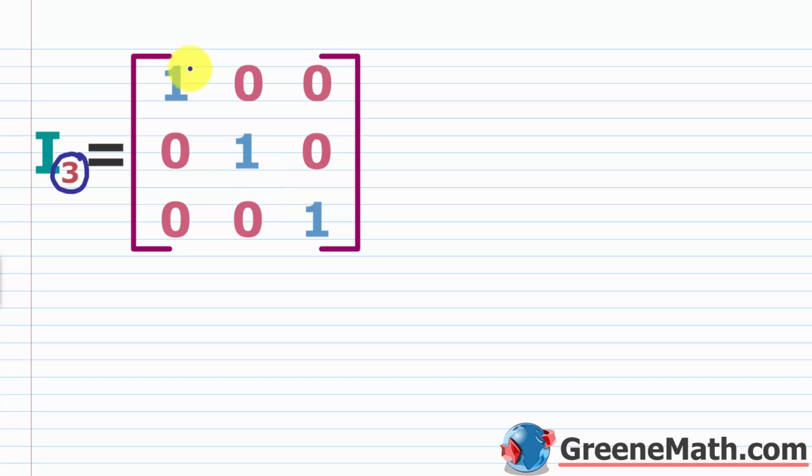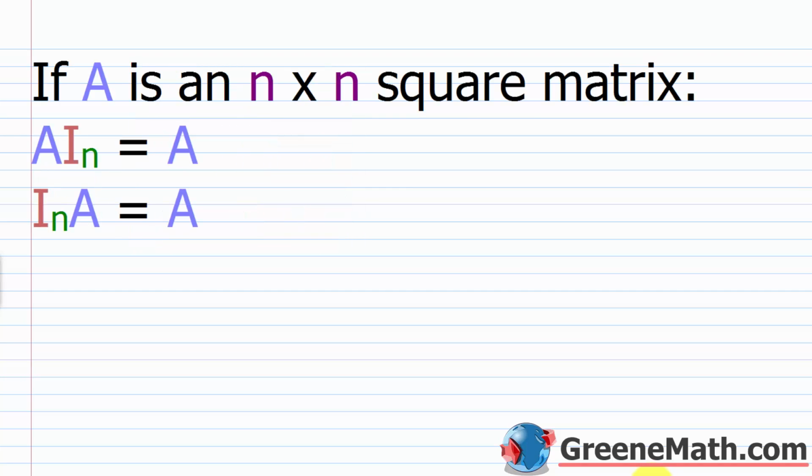And notice how you have a 1 in row 1, column 1, a 1 in row 2, column 2, and a 1 in row 3, column 3. Again, your diagonal entries are going down that main diagonal there. 0s above and below, so that's your identity matrix. It's a similar process if you had a 4 by 4, a 5 by 5, a 6 by 6, and so on and so forth. Now, why is this important?